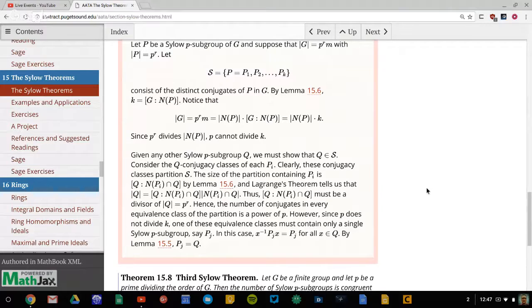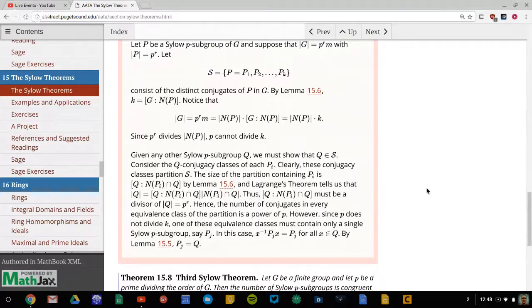Okay. So one of those elements, let's say it's P_j, is in its own conjugacy class under the action by Q. What that means is we've got an element X from Q, which when you conjugate this particular Sylow P subgroup, it remains fixed. It's fixed at P_j. But then the first lemma comes.